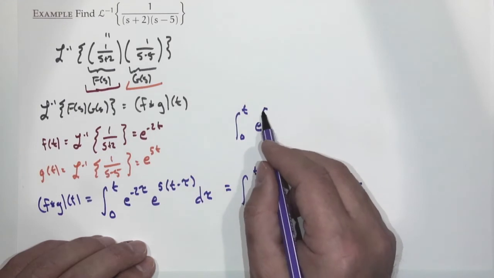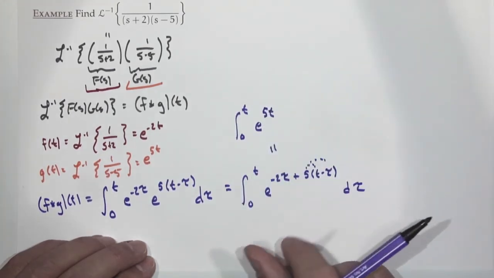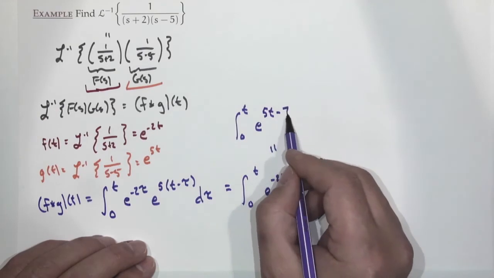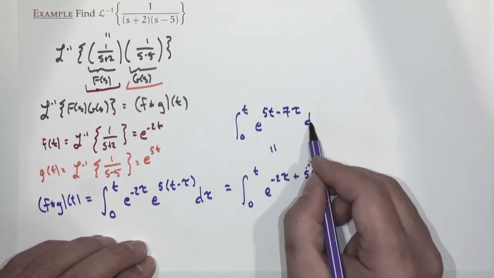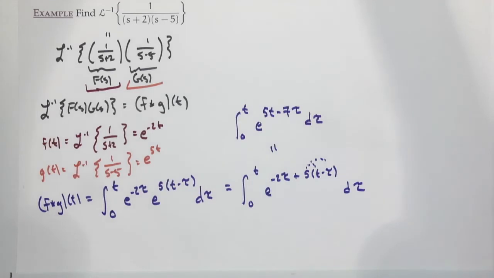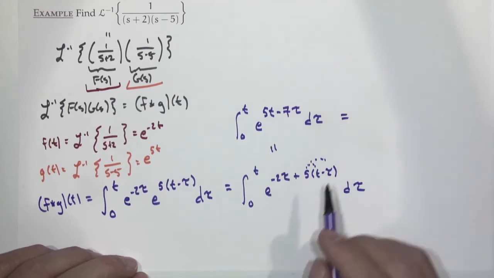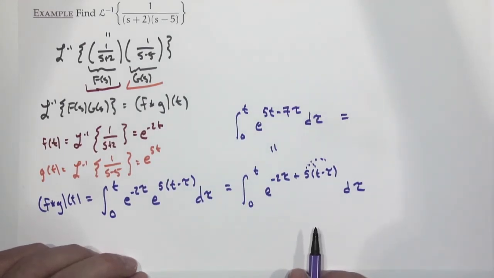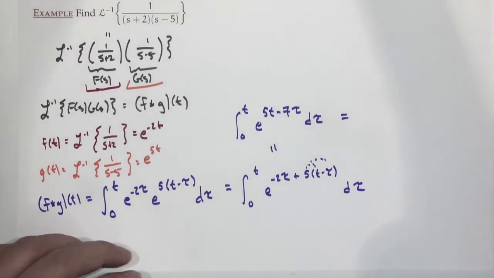So we can write it as e to the 5t minus 7 tau. Okay, is that something we can integrate?